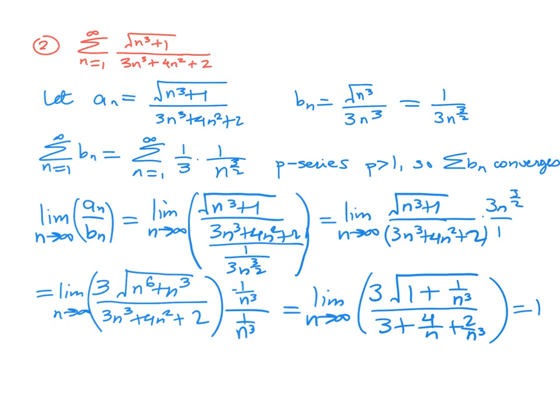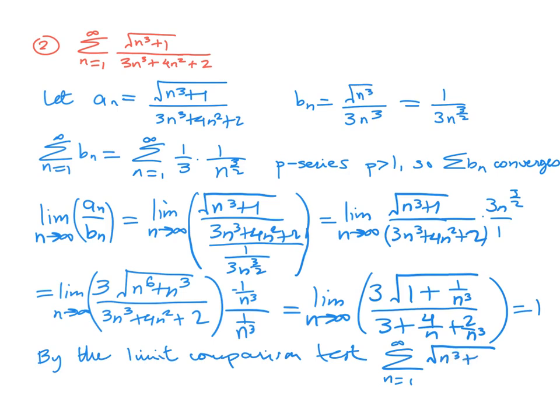So by the limit comparison test, sigma n equal to 1 to infinity of the original series also converges because the bn series also converged.